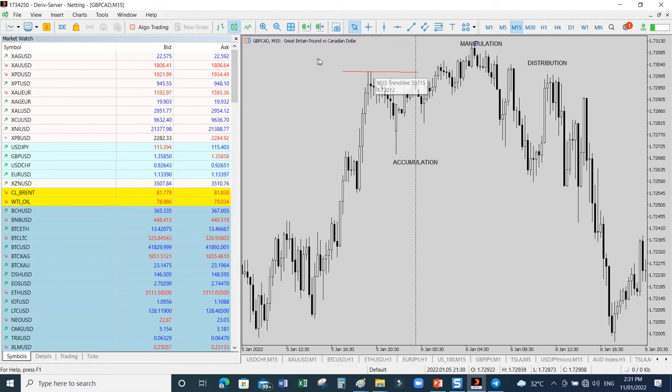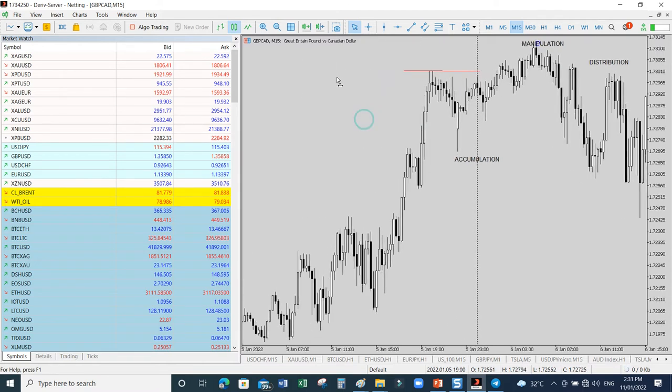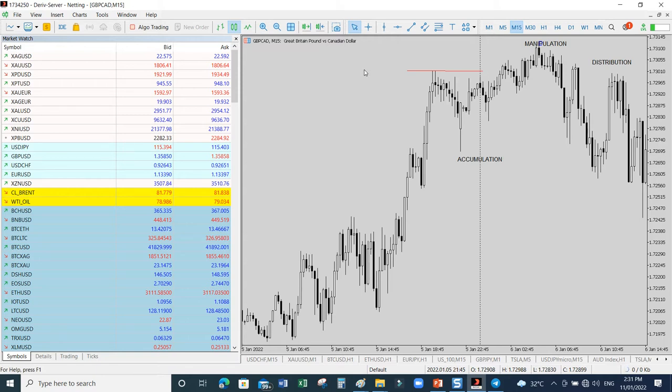You can see it there. Now this is accumulation. This is the high of Wednesday. Price has really moved up to its highest level of rally for Wednesday.